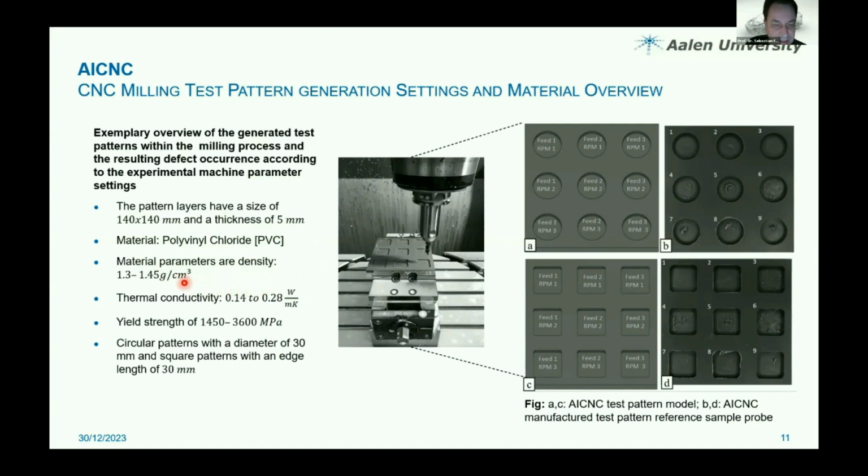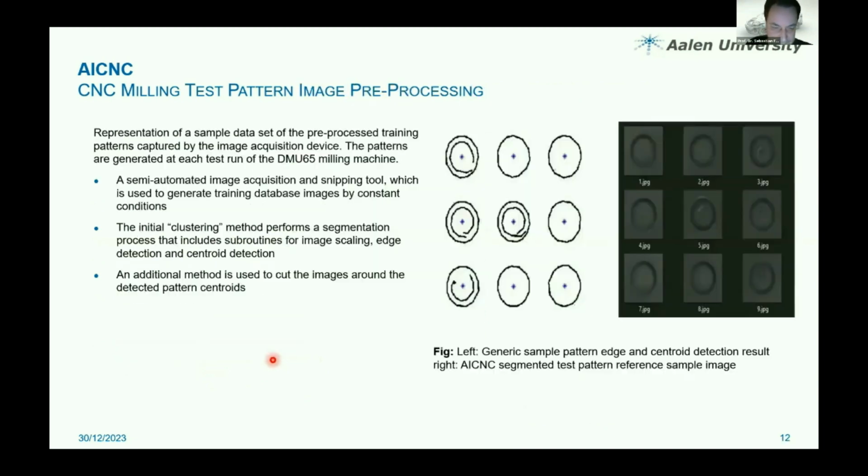The part density is 1.3 to 1.45 grams per cubic centimeter. Then we have the thermal conductivity factor, which is also important for milling, and the yield strength of the material. For the circular patterns, we use 30 millimeters in diameter, and for the squared patterns, we use edge lengths of 30 millimeters.